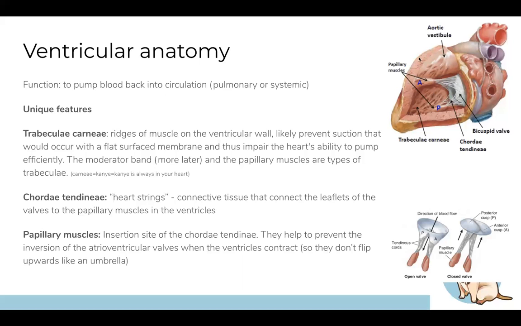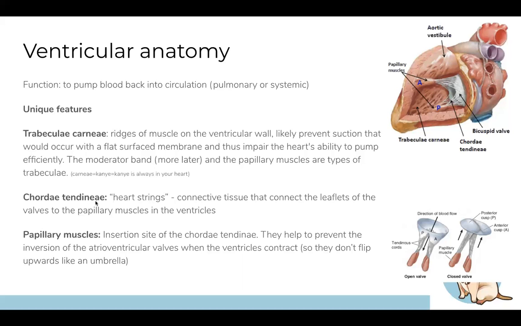If it had a flat membrane, when it pumps, it might suction fluid back in, but with a ridged surface, it creates turbulence and won't get stuck, and that helps the heart pump more efficiently. These are a couple of buzzwords: the moderator band and the papillary muscles. These are types of trabecular muscle, but we will talk about those later.